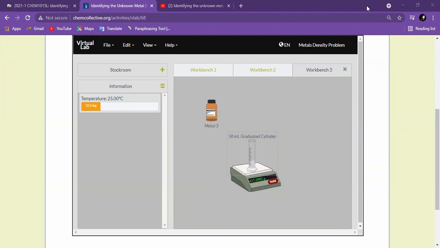I got 342.2792 as my answer. Now we will proceed to find the density. You have to divide the mass by the volume, and the volume of this platinum was 16 milliliters.